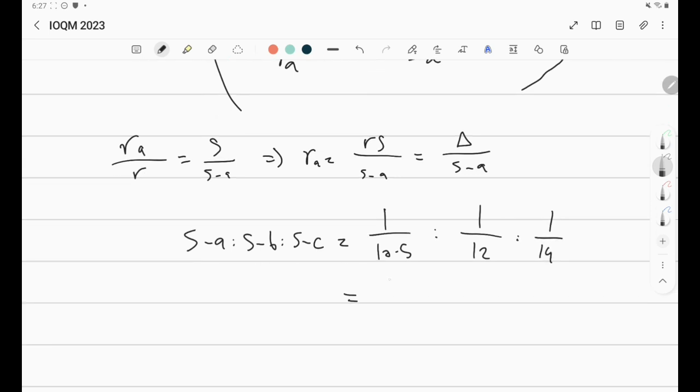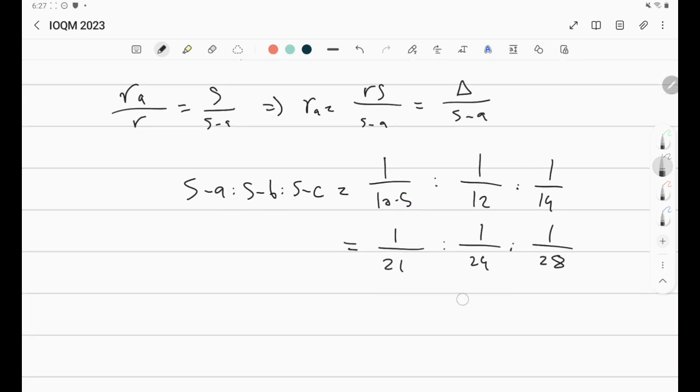Now we can play with this a little, divide everything by 2, so it's like this, and now you can see these share 3 and these share 7.